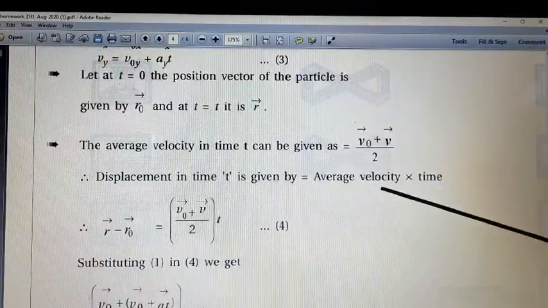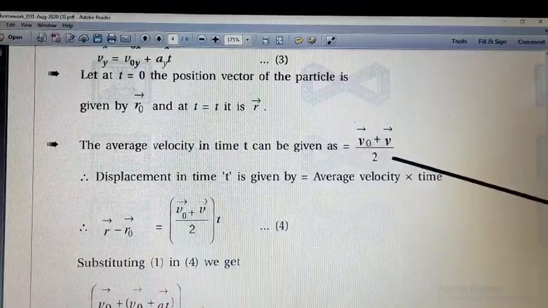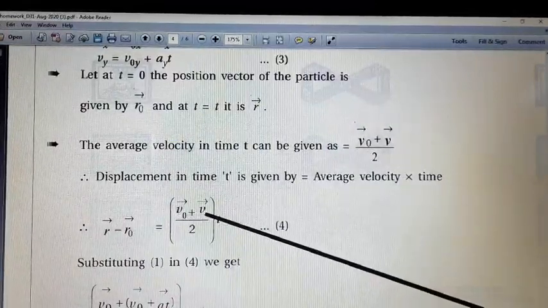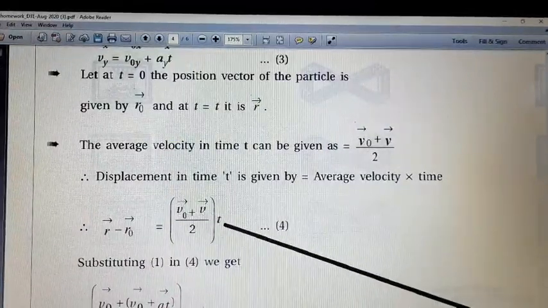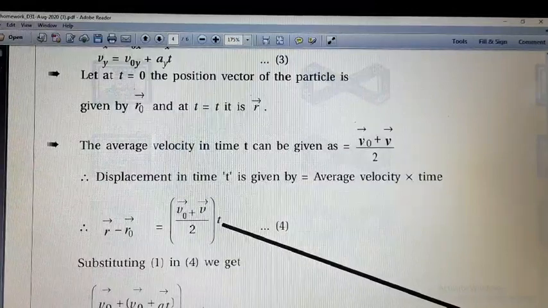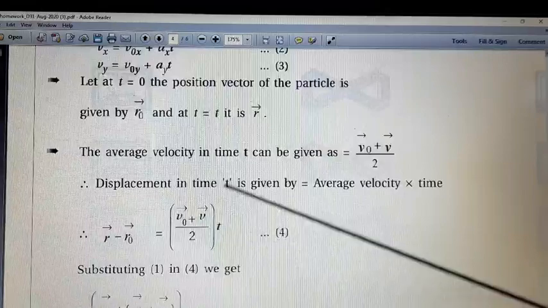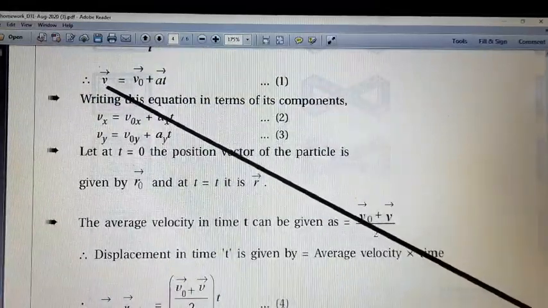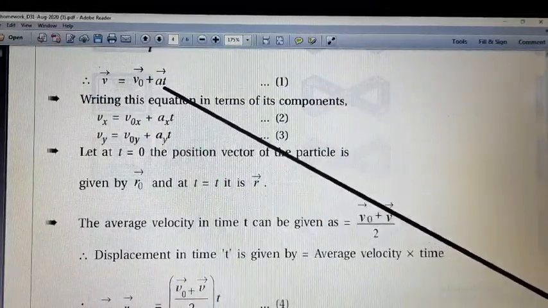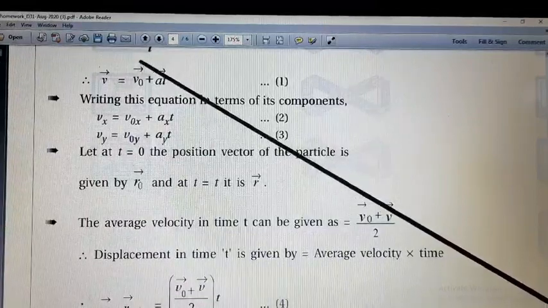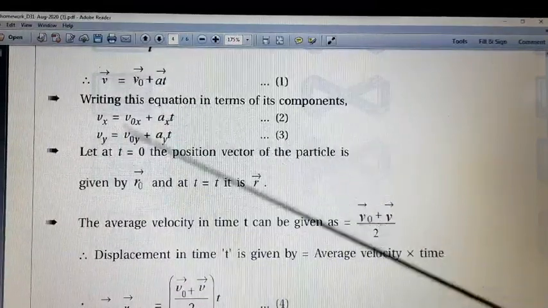And average velocity, this is the formula, v0 plus v by 2, into t. Look here, now we have the formula vector v is equal to vector v0 plus at. This value of vector v is substituted here.